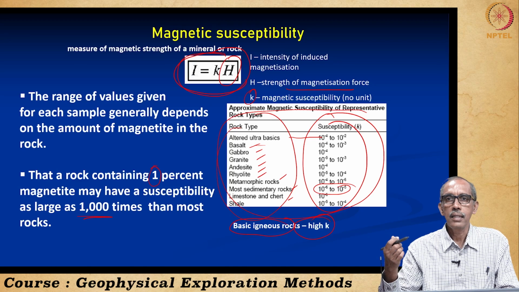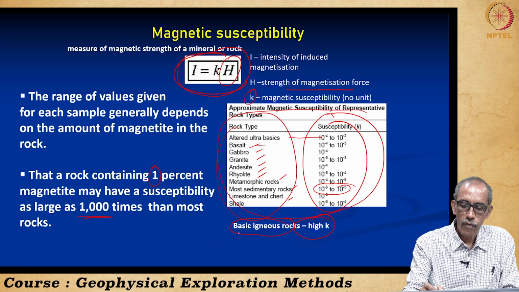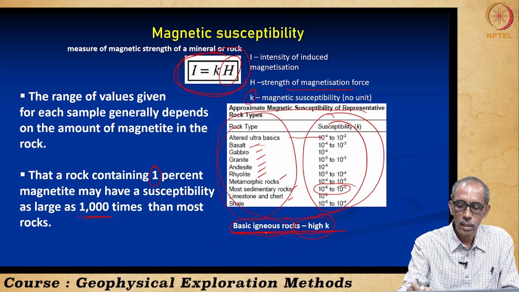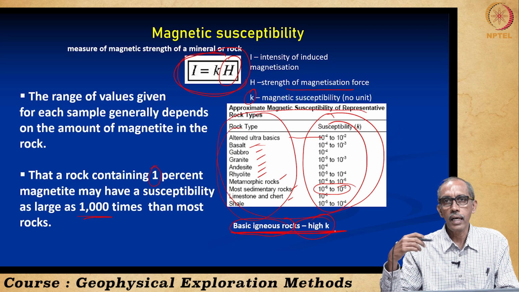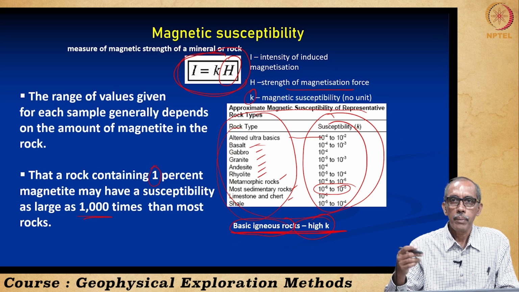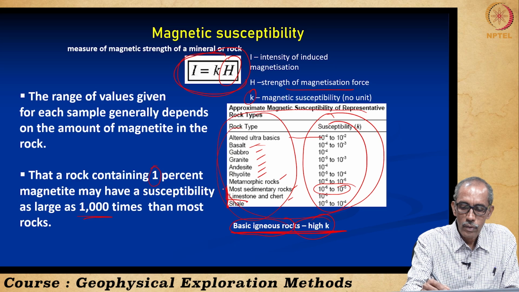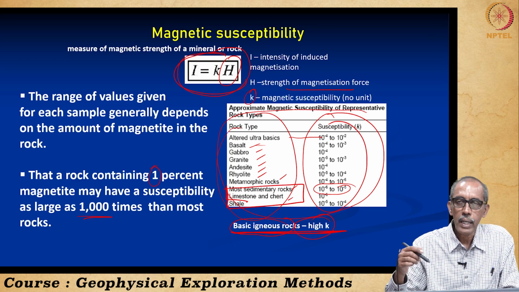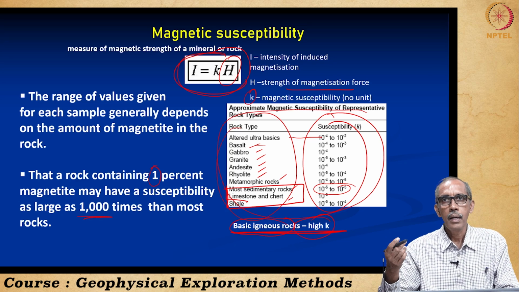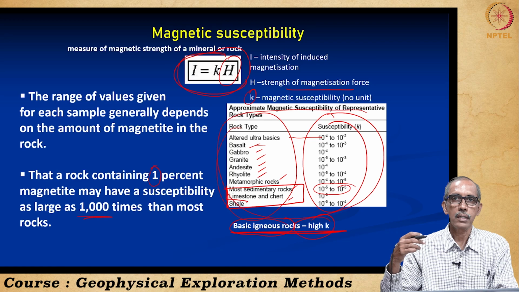And in general, magnetic susceptibility of massive igneous rocks is much higher than the other rocks, whereas the magnetic susceptibility of sedimentary rocks, which are the last 3, is comparatively lesser than the other massive rocks. This is what we are going to make use of in the magnetic exploration methods.